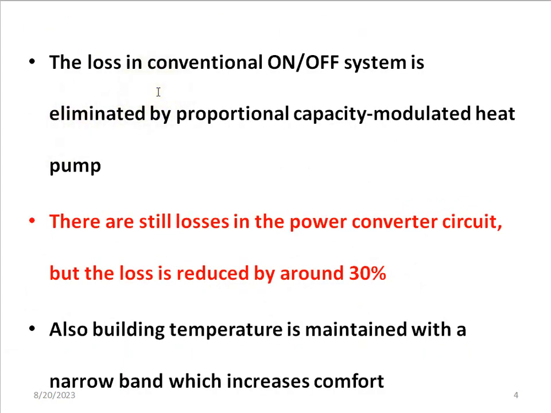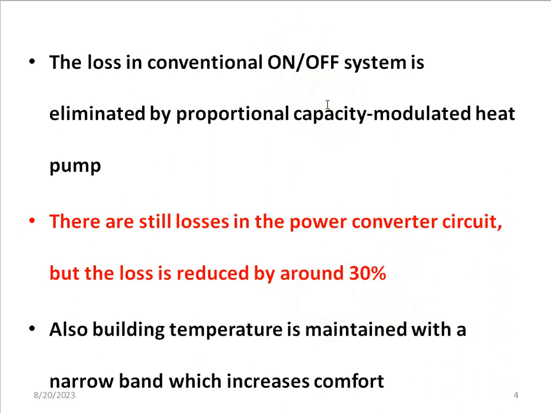The loss that is incurred, just as I discussed now, in our conventional on and off system is eliminated if we use the proportional capacity modulated heat pump. Of course, there are still some losses even in this proportional capacity modulated heat pump, but the total heat loss is reduced by around 30% if we replace the conventional with the proportional capacity version.